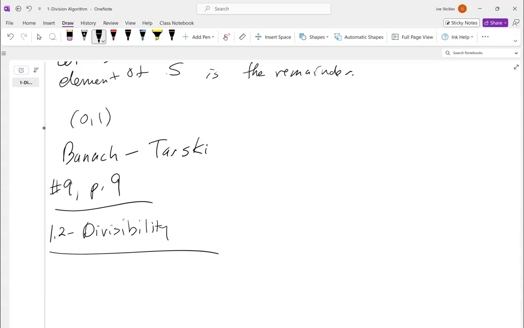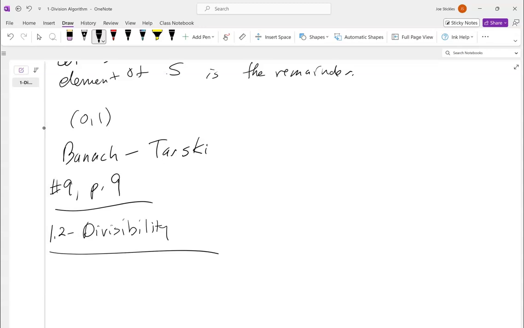So we just talked about that. No matter what integers we talk about, we can have a quotient and a remainder. Now, when we talk about quotients and remainders, we typically think of integers or maybe polynomials when we divide, but not every instance when we divide are we going to have quotients and remainders.